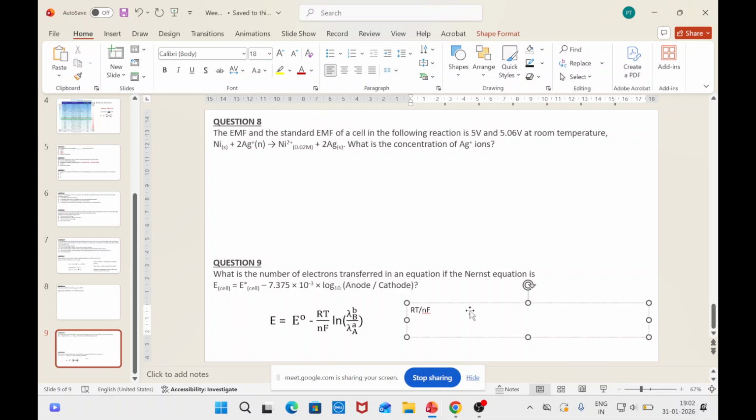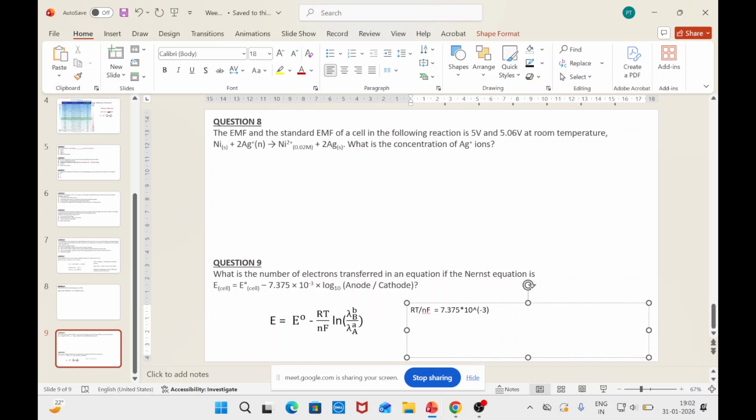So RT by nF is equal to 7.375 into 10 to the power minus 3.